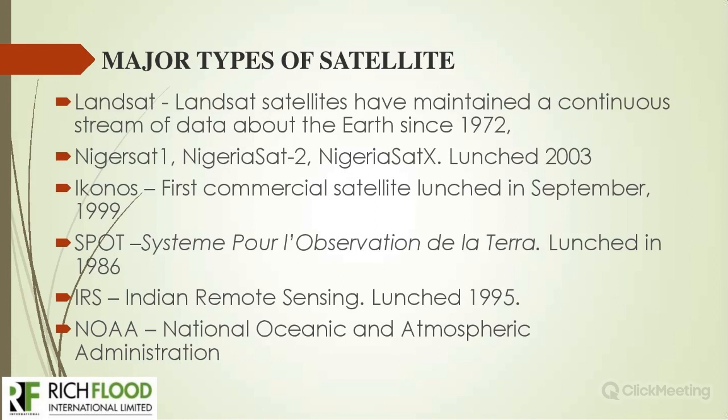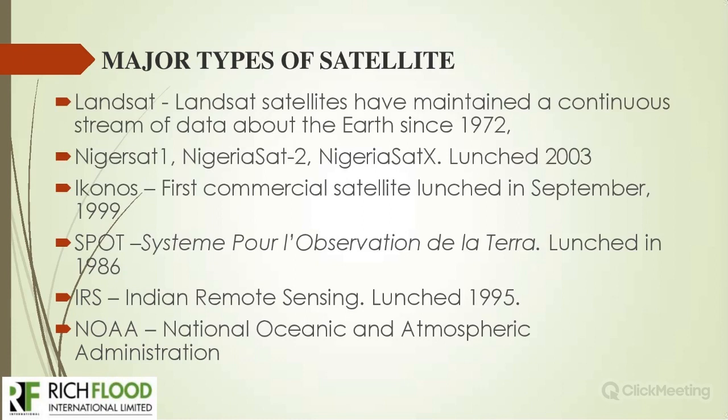Depending on what you want to use the phone for, there are several specifications that come with each device, and this informs the kind of device you go for. So the kind of phenomenon you are trying to study on the Earth surface determines the data or the satellite you should go for in trying to acquire your data for your environmental impact assessment.